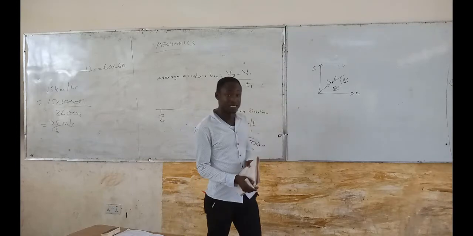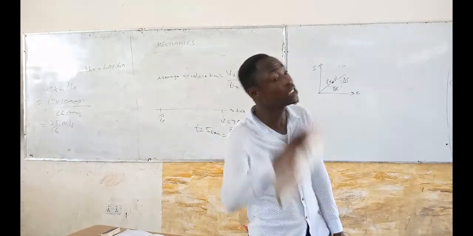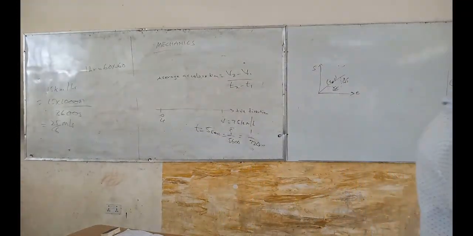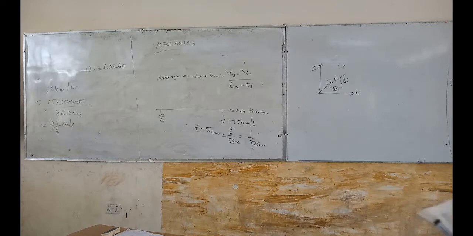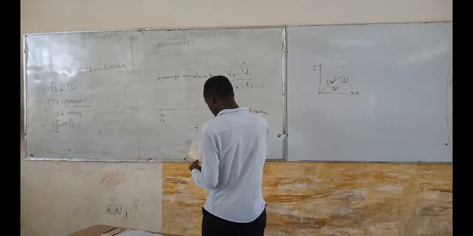Please, we shouldn't forget that this is seconds to hours, not seconds to minutes. Seconds to hours, so 3,600 seconds. Give me what? An hour. So 1 out of 720. Then we can do the substitution.